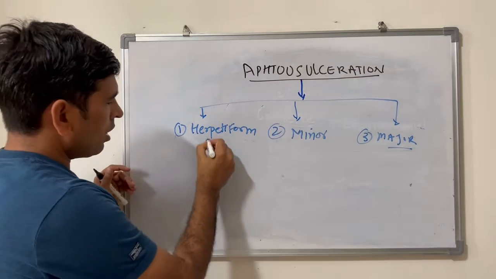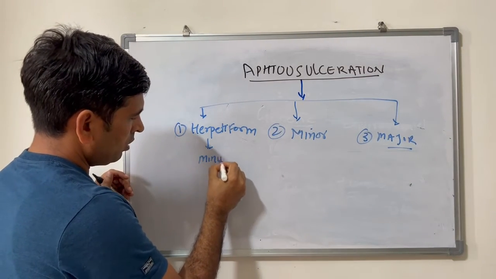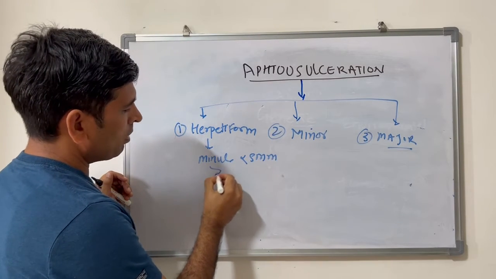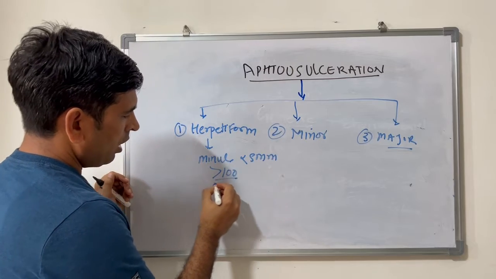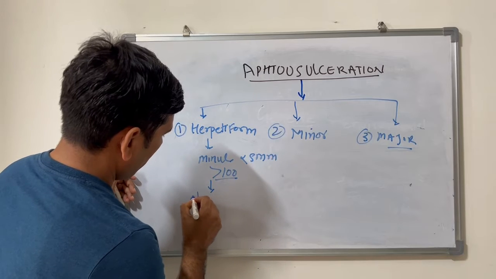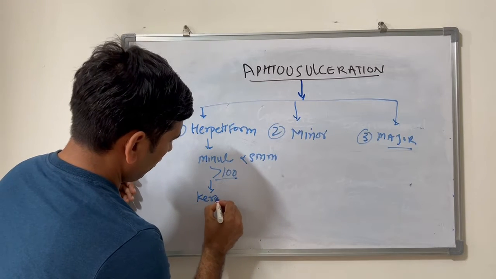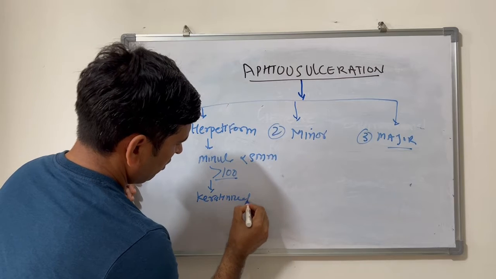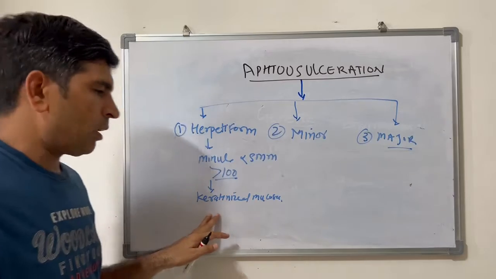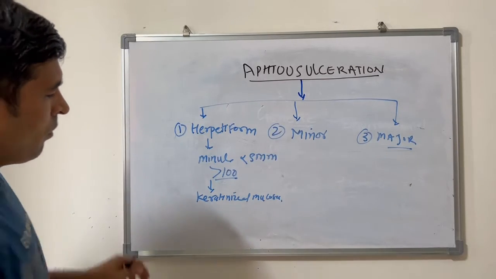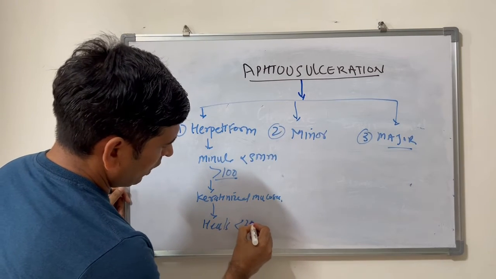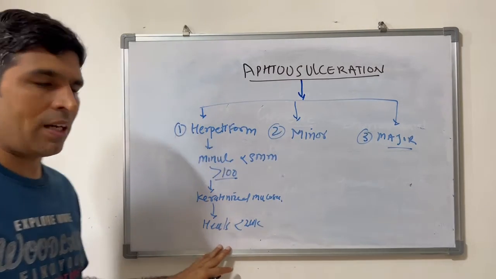Herpetiform ulcerations are very minute, most of the time less than 5 mm. They may number more than 100, and these are mainly on the keratinized mucosa, mostly the posterior part of the oral cavity, and they heal within 2 weeks without any scarring.